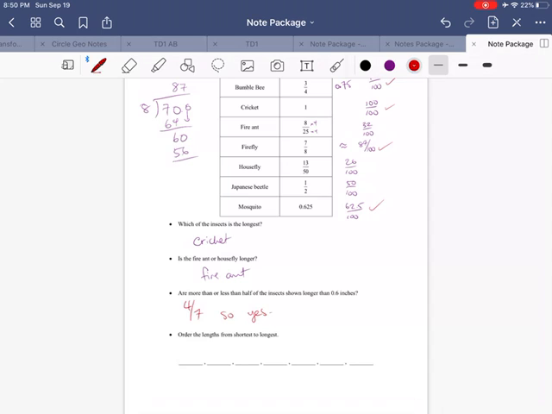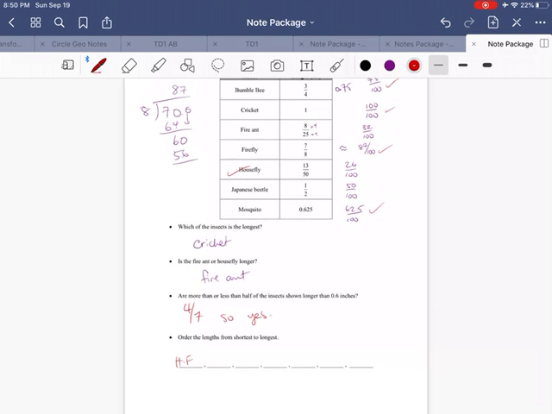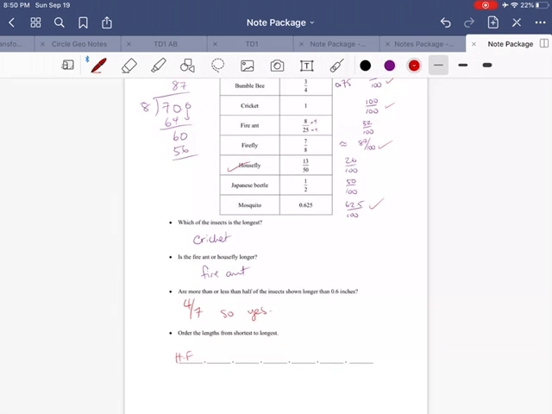So let's do names. Housefly. Got that one. Followed by the Japanese beetle. Oh, hold on here. Did I miss another one? Okay, housefly, fire ant.